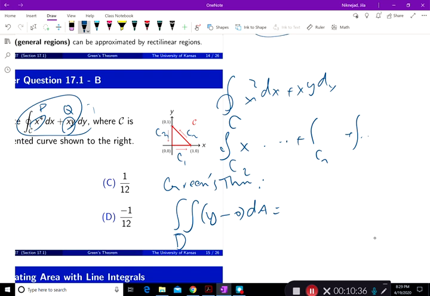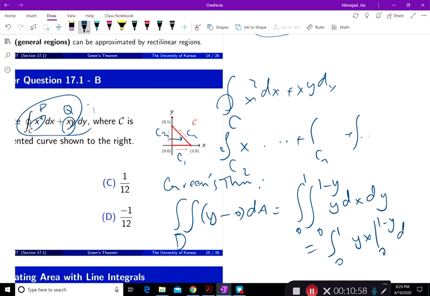Let's say I want the inner one to be in the x direction, so I will have the integral from 0 to 1, and x from 0 to 1 minus y, of y dx dy. That is the integral from 0 to 1 of y times x, from 0 to 1 minus y, dy.